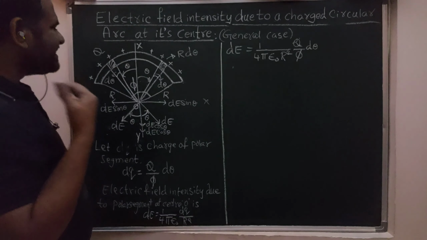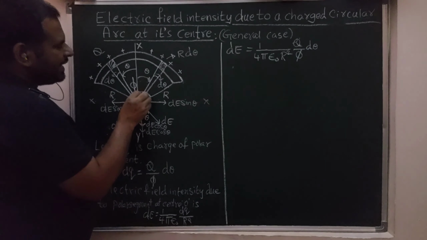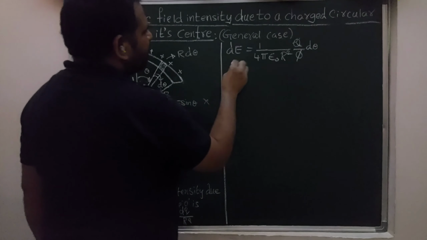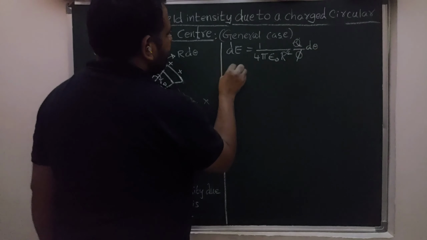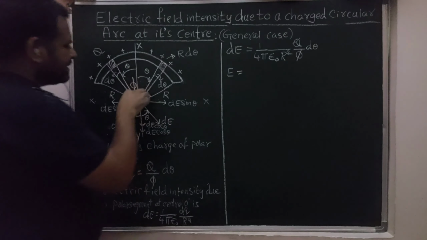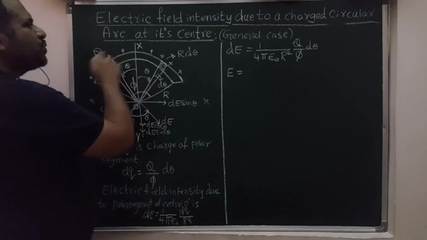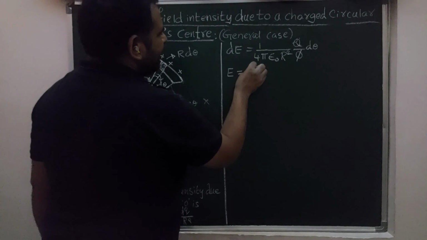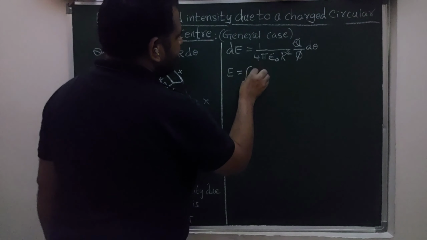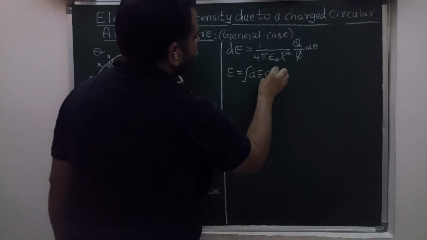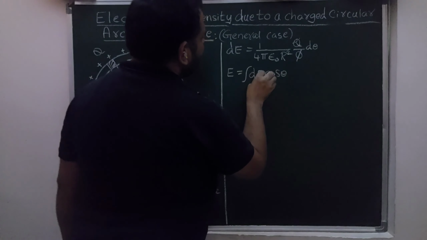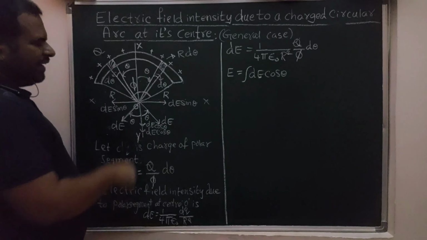Now, what is the resultant field? How can we calculate the net field? The net field at the center, due to all the segments of this arc, we can write as the integration of dE cos theta.